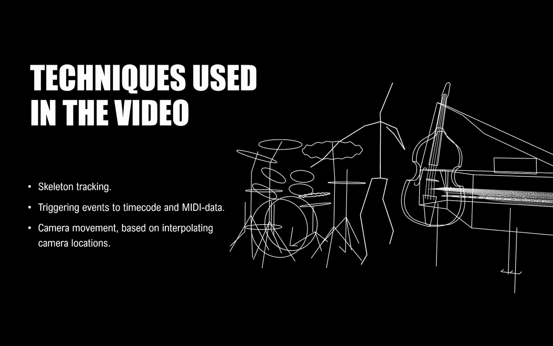And there is a lot of work with the camera movement based on interpolating camera locations and things. This turned out to be quite a lot of work, actually. It was not so easy, because getting really smooth and nice camera transitions turned out to be one of the tricky parts, actually.